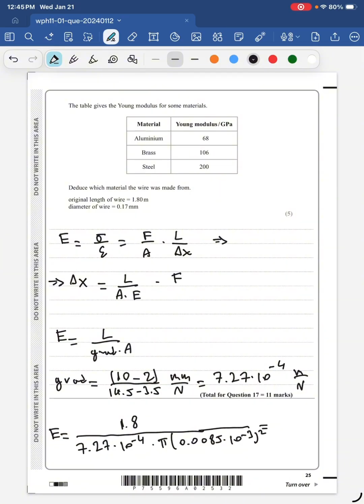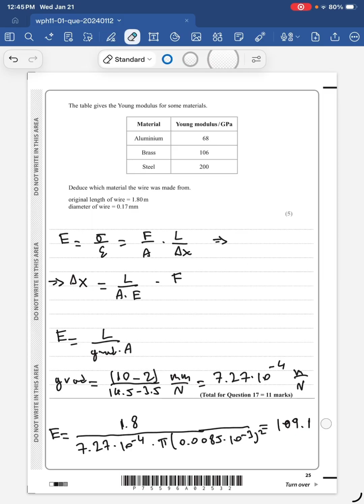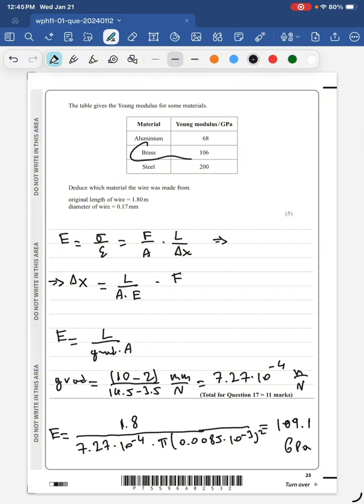So we find 109.1 gigapascals, and we can see immediately that it was made of brass. Okay, and that's the answer.